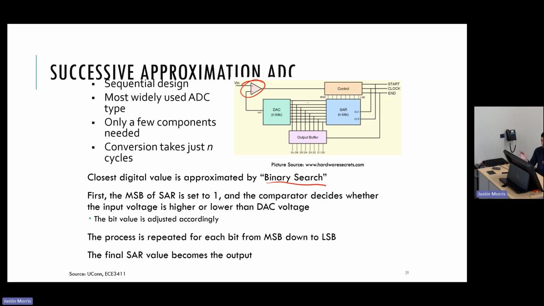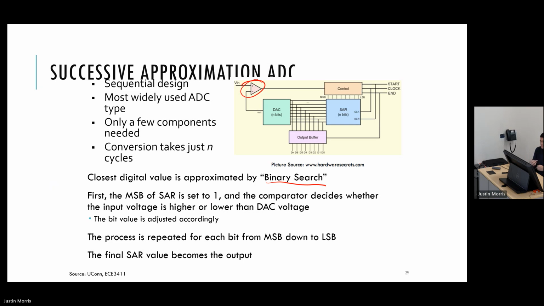And then what we do next is we go to the middle of the now upper half. And if again, the input voltage is higher, we've split our search space in half. And we keep splitting our search space in half until we get to one final interval. And that is what our input voltage will be mapped to.